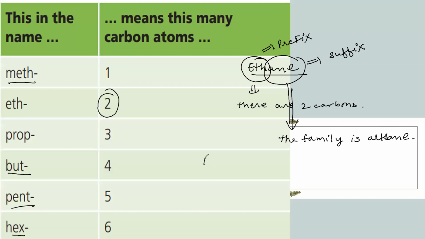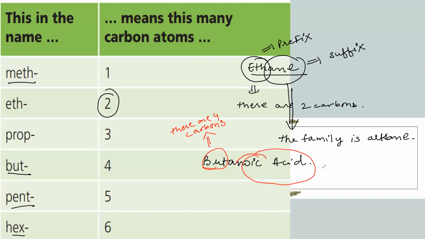Similarly, if I say I have name is butanoic acid. So what information I get? So but means 4. So there are 4 carbons in the compound. And oic acid.